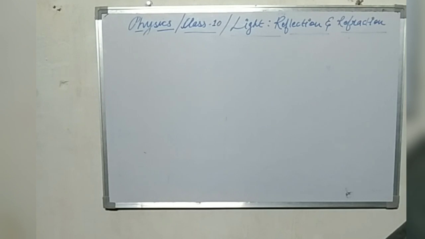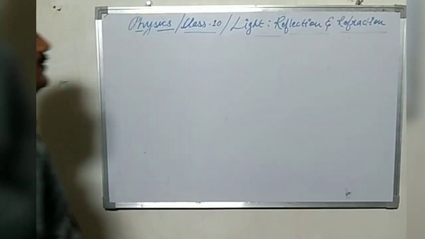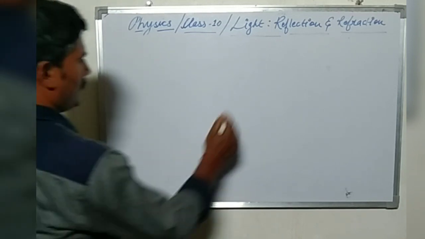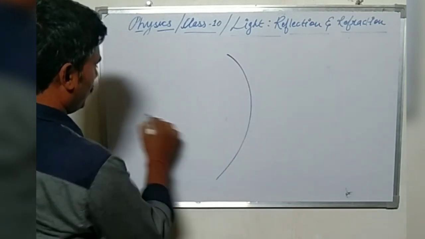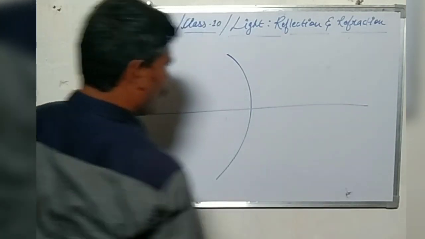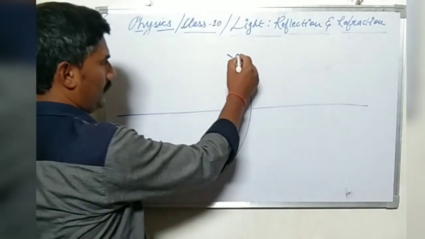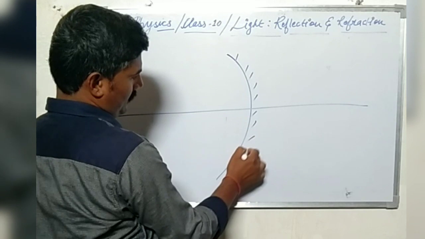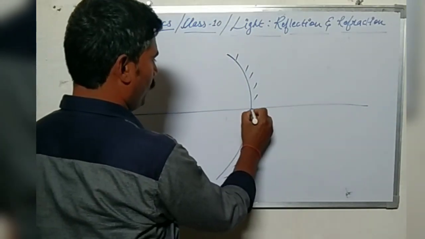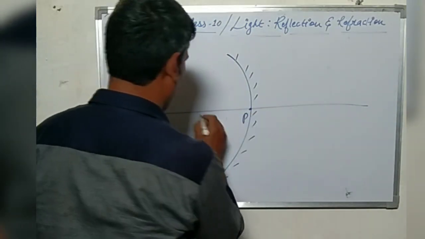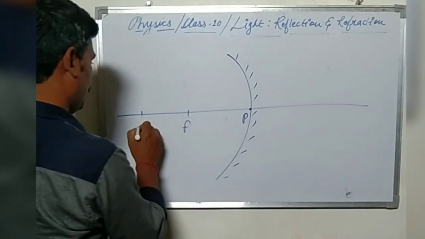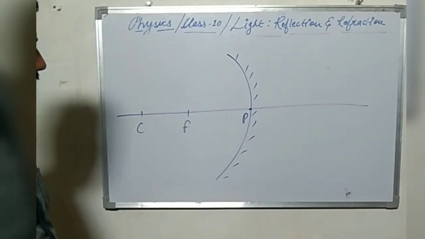Now slowly we will discuss how sign conventions in the mirror are placed. In order to take positive or negative, we must have these rules in mind.